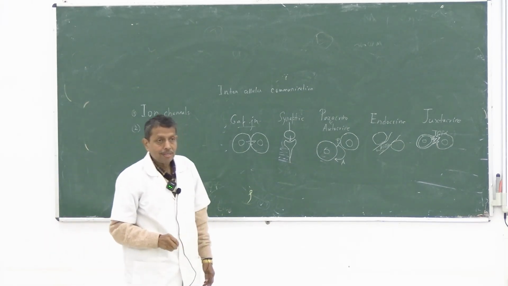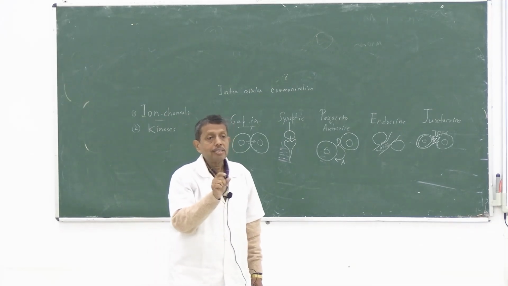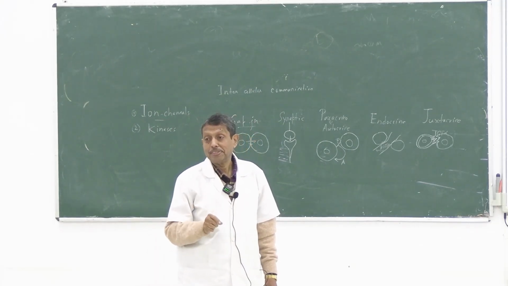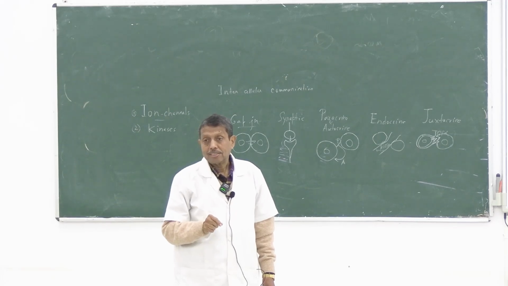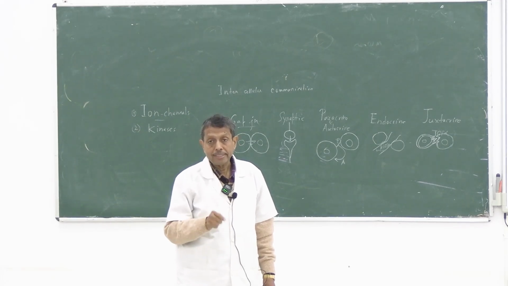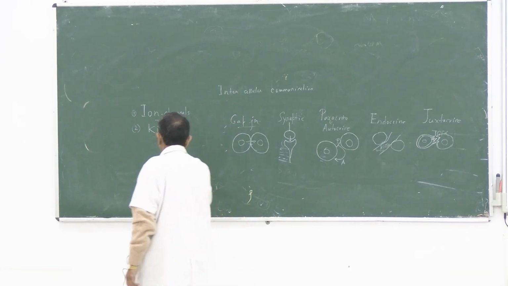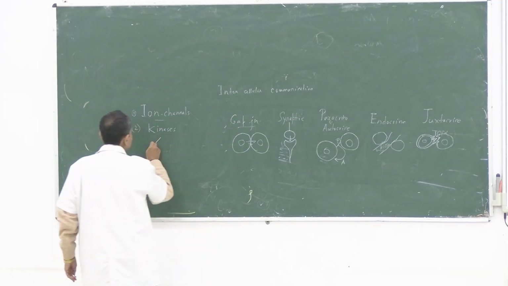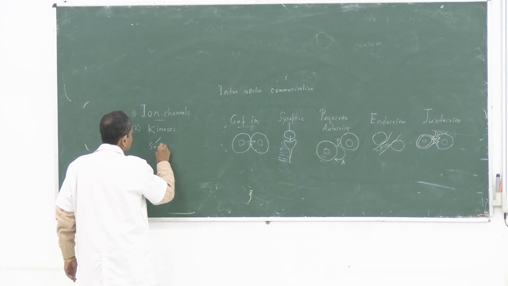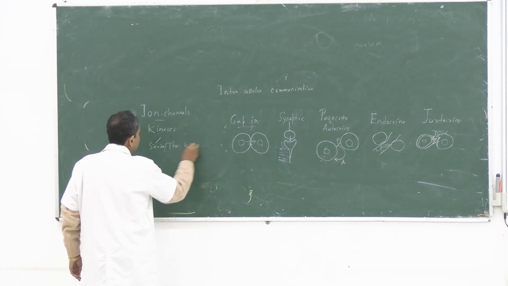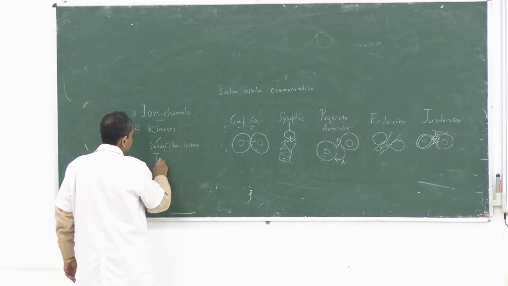Kinases phosphorylate some proteins. Some may be serine threonine kinase, or in some cases tyrosine kinase.